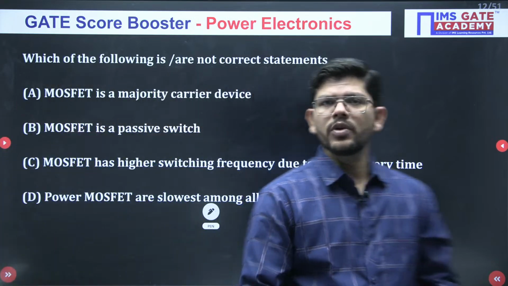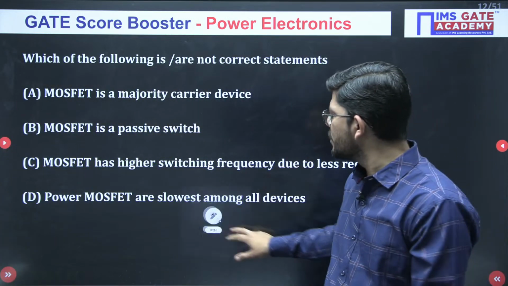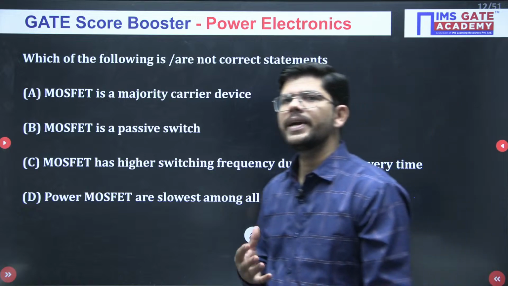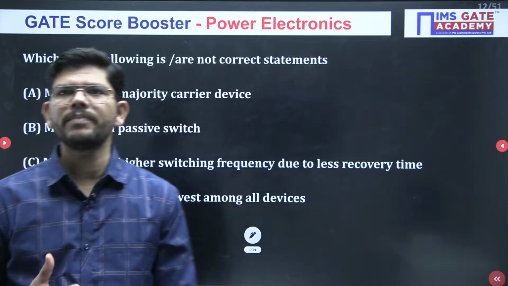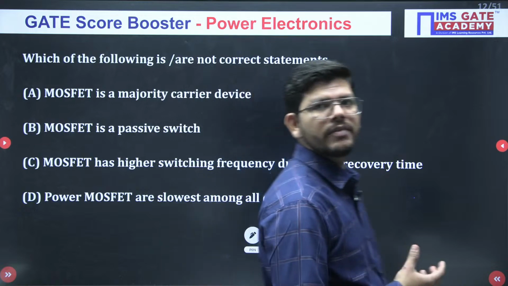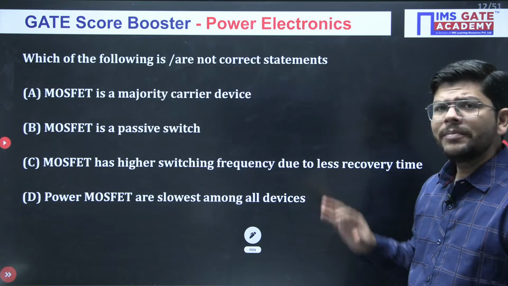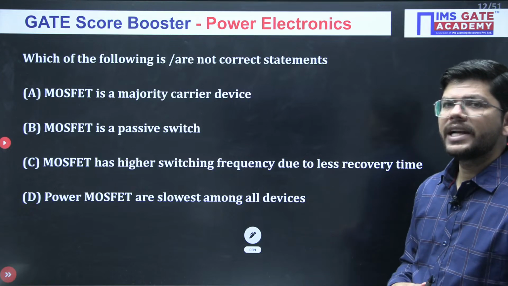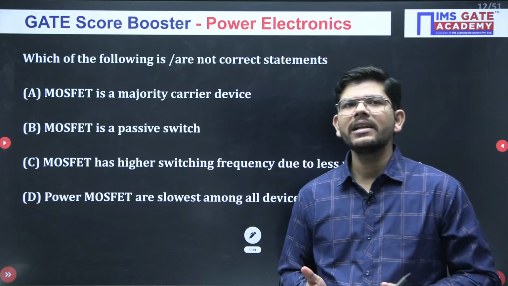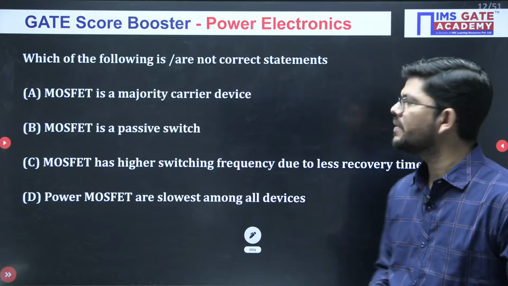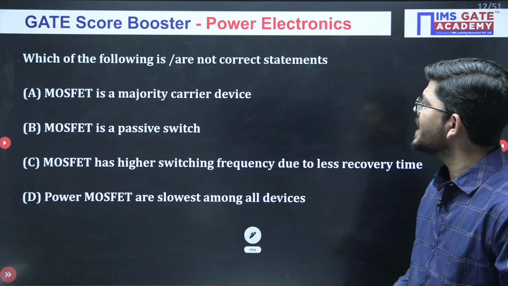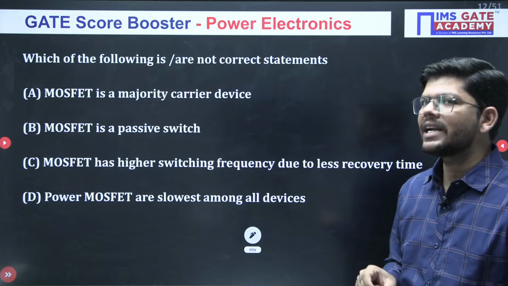Now just focus on this question, a very conceptual one, and it is based upon MOSFET, an ideal device in power electronics. Yes, Neil sir, it will give you 4 quadrant operation. Okay, that's right. Let me read out this question, which is very important, and it is on MOSFET, an ideal and very much used device in power electronics. Which of the following is or are not correct?